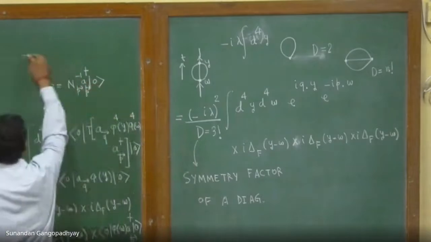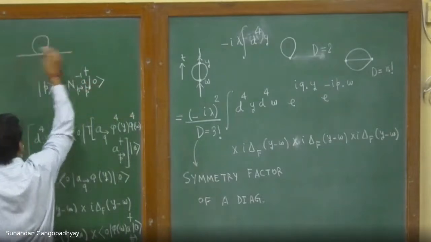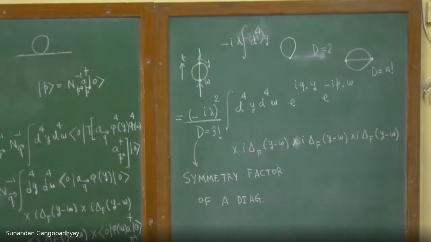You remember how we got this diagram? Remember this, right? Do you remember or not? Yes, sir. Please respond, otherwise it will be difficult. So if you remember this thing, just a second, I'll tell you.